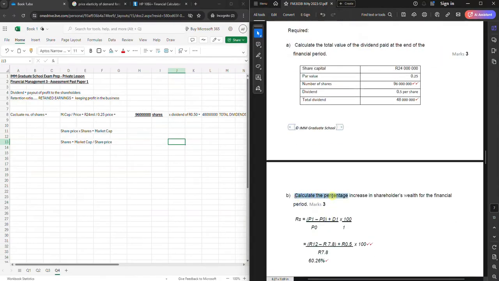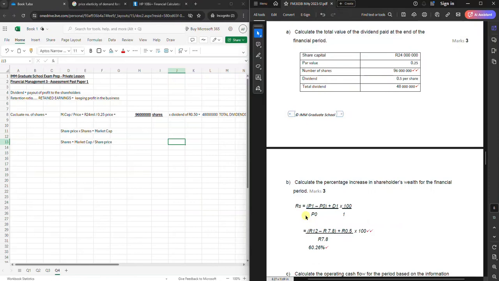Okay, and then B, a percentage increase in wealth. Here they've given you the equation, or do you have to study this? If you're investing in a business, what does the shareholder get in terms of wealth? Capital appreciation plus dividend growth, right? Yes. So your return on investment is the capital appreciation.